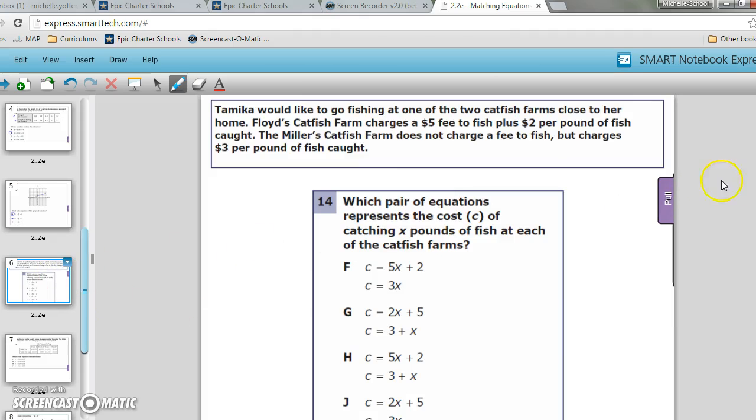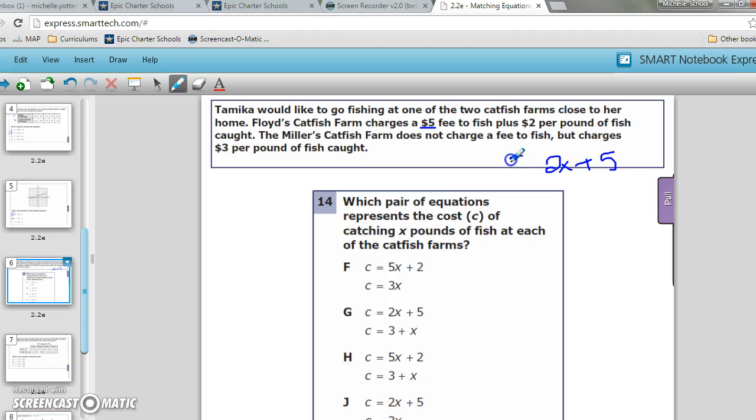Tamika would like to go fishing at one of 2 catfish farms close to her home. Floyd's Catfish Farm charges a $5 fee to fish plus $2 per pound. Miller's Catfish Farm does not charge a fee to fish, but charges $3 per pound for fish caught. So what is our system of equations here? So we know if we have a flat fee, that's always going to be our y-intercept. Okay, and then 2 per pound, so we know it's 2x.